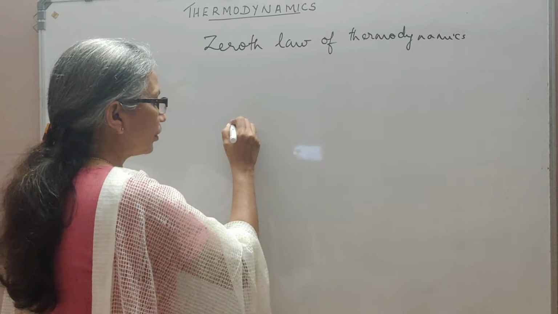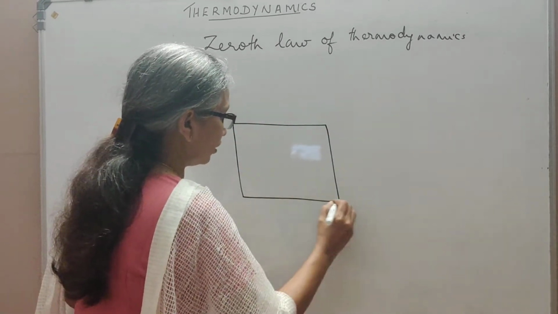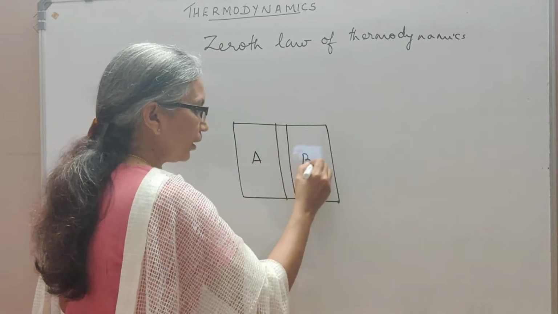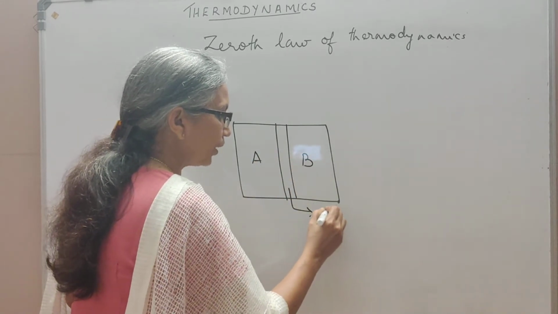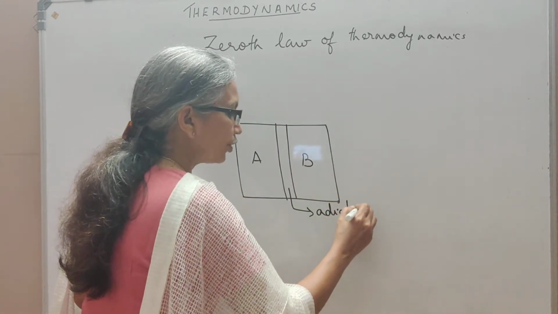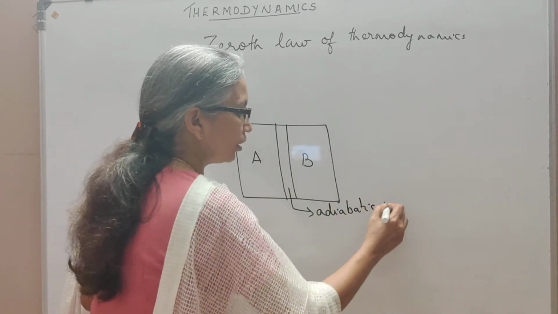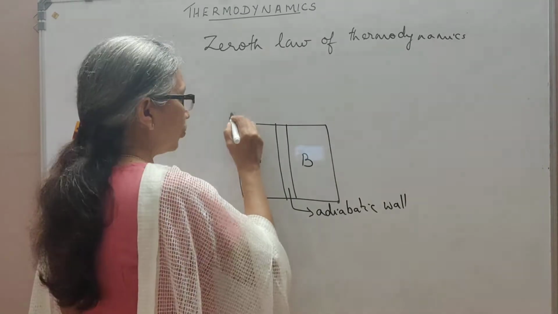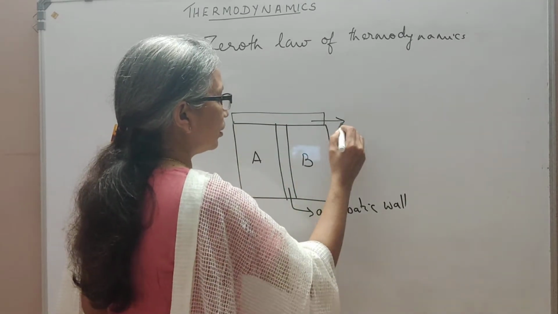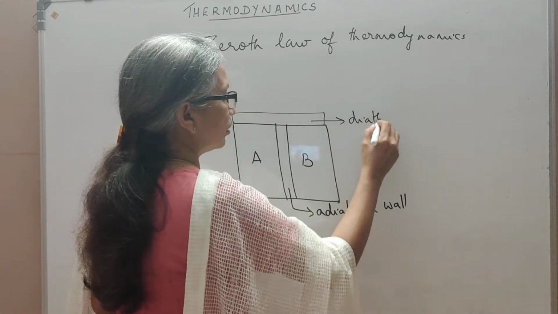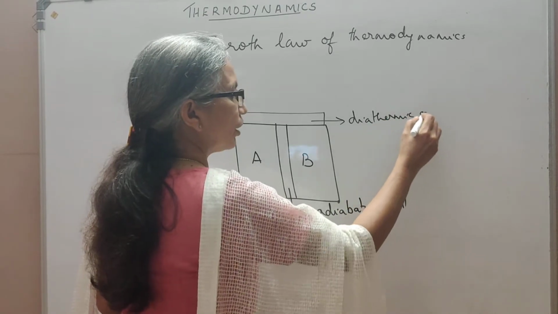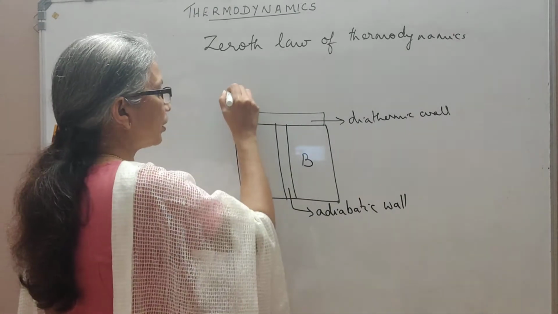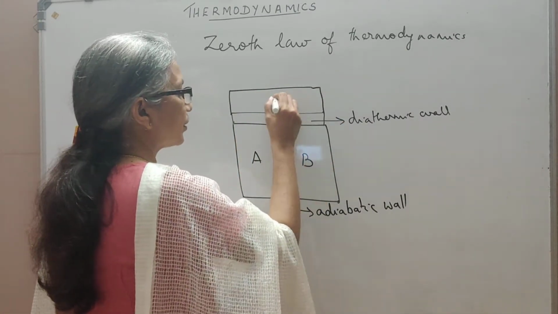We have a wall between A and B, which is an adiabatic wall, an insulating wall. No heat transfer is allowed between A and B. We have a diathermic wall, which is a conducting wall, that allows heat transfer, separating A and B from a common system C.